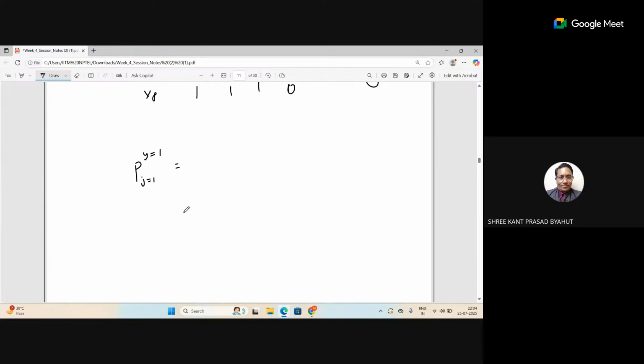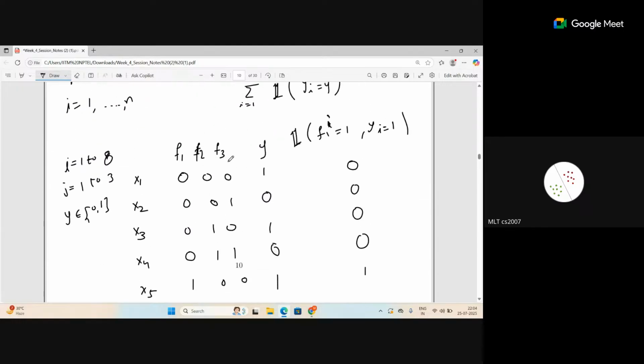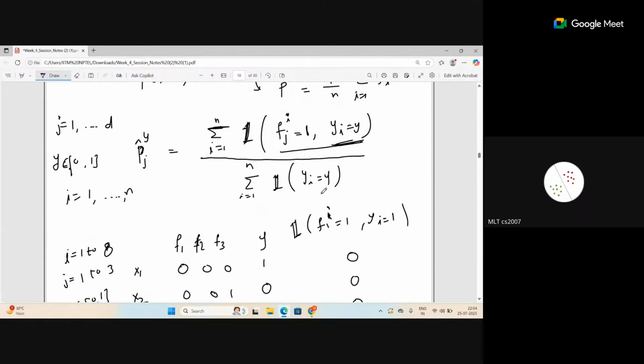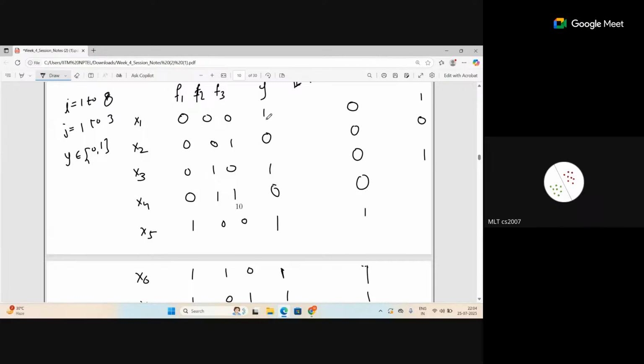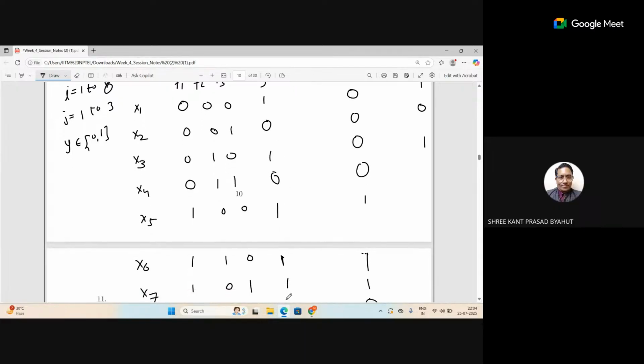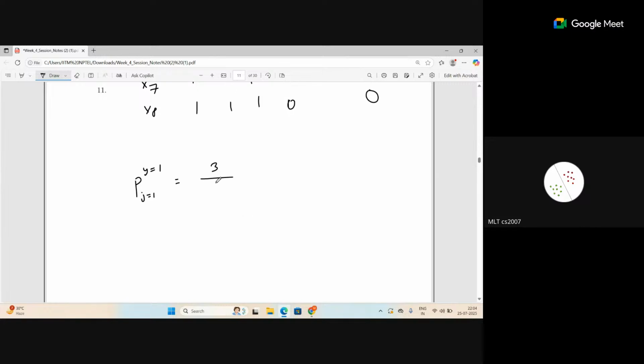So 3 divided by the indicator of yi equals 1. Here it is 1, 0, 1. So basically, how many times does 1 occur? 1, 2, 3, 4, 5 times. So the probability of this is going to be 3 by 5.